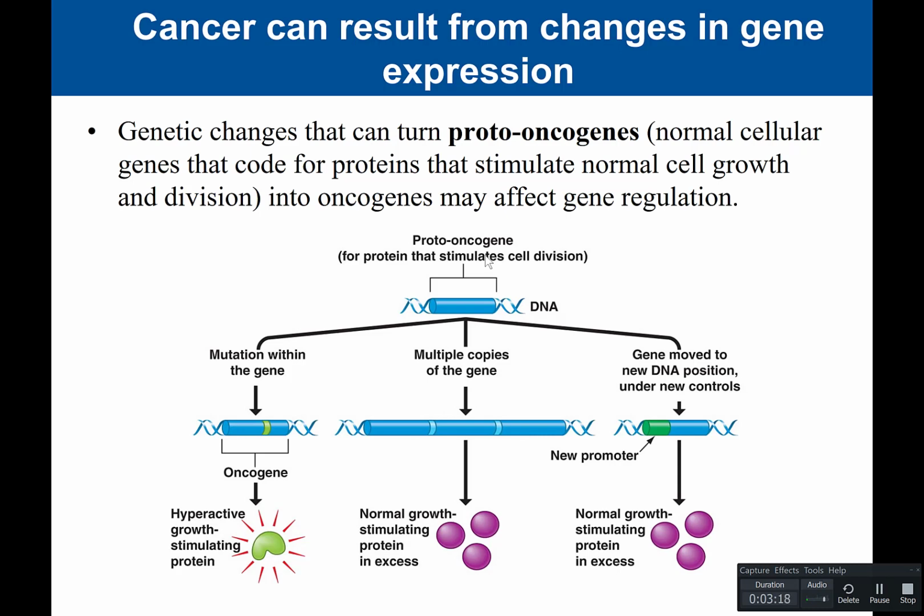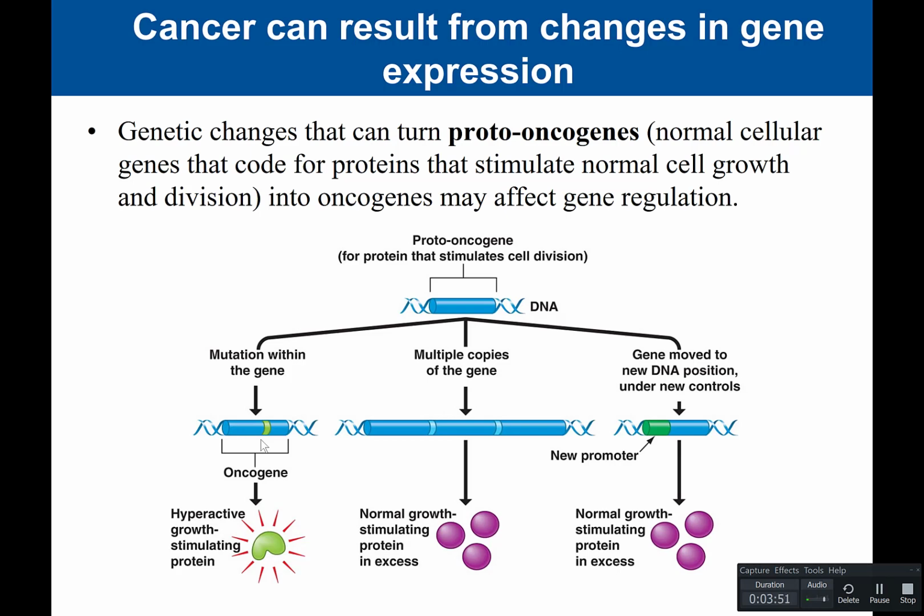However, if we get mutations in those proto-oncogenes, that could basically lead to cancer because we can get changes in gene regulation, for example. And so one type of mutation that can occur in a proto-oncogene is that we get a mutation in the gene itself. And when we get a mutation in the gene itself, that is going to change the protein that gets produced, because that sequence is going to tell the cell what protein to produce.